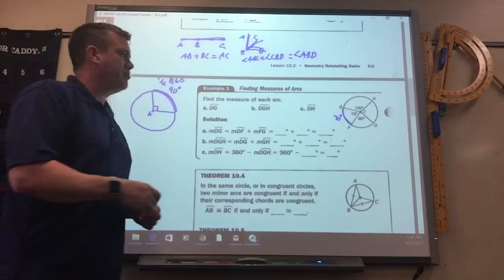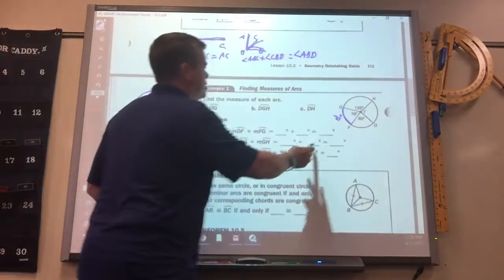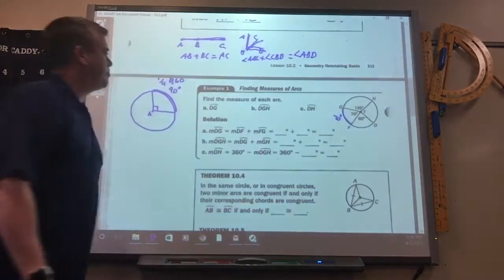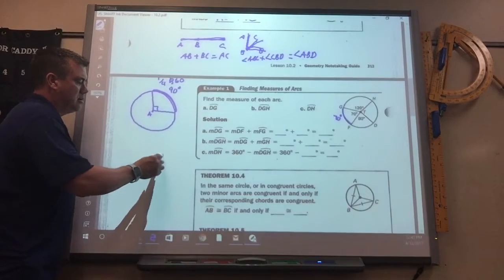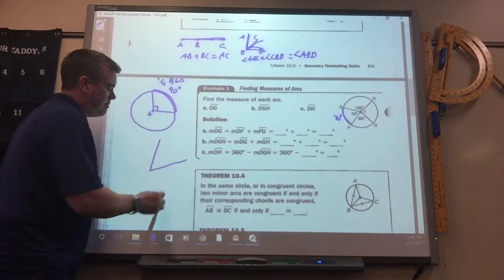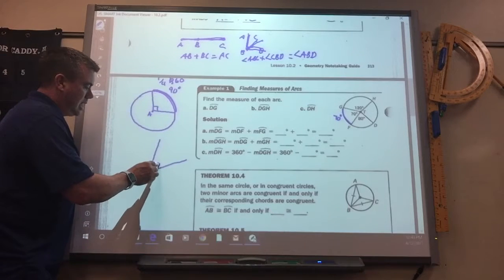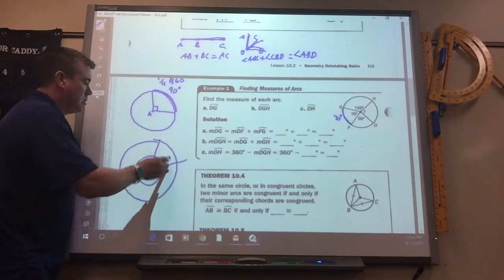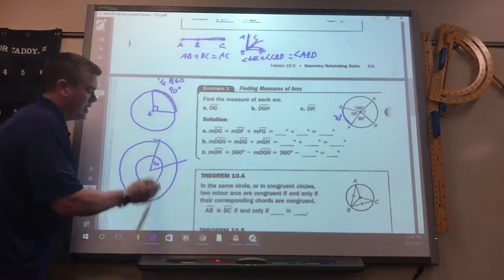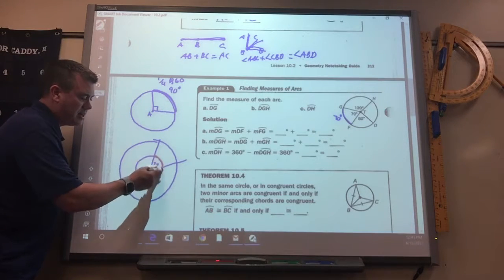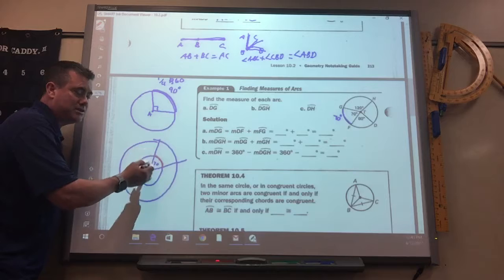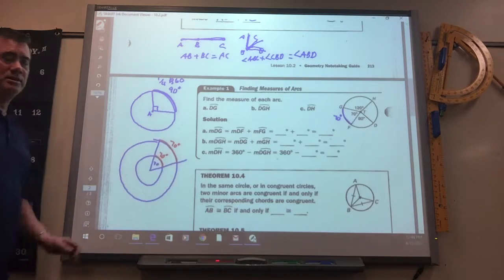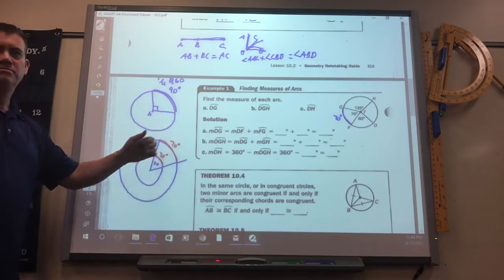So GF is 70. It doesn't matter if I have a 70-degree angle and I draw a circle this big or a circle this big or a bigger circle, this will still be 70 degrees because it's still 70 out of the 360. So no matter how big the circle is, the arc is always the same as its central angle.